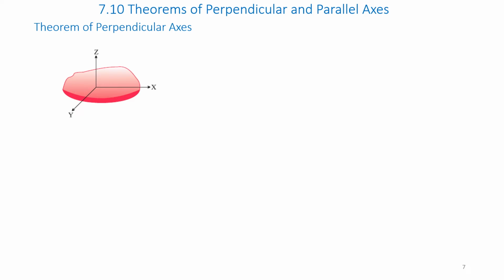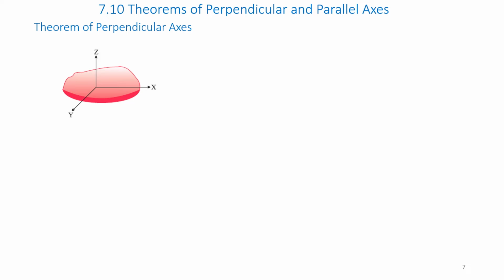Theorem of perpendicular axis: the theorem is applicable to bodies which are planar. In practice, this means the theorem applies to flat bodies whose thickness is very small as compared to the other dimensions like length and breadth or radius.